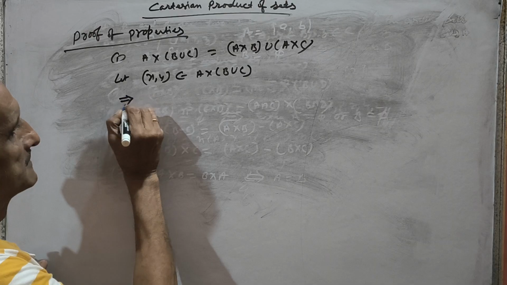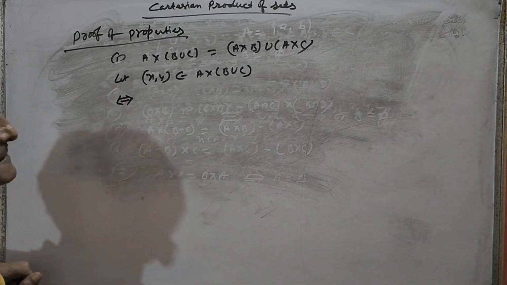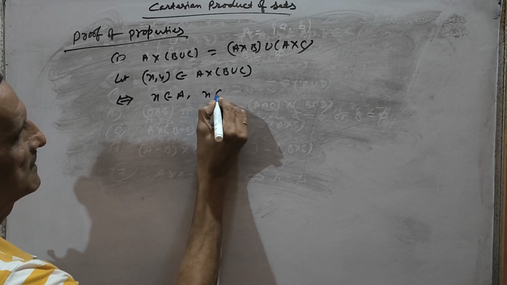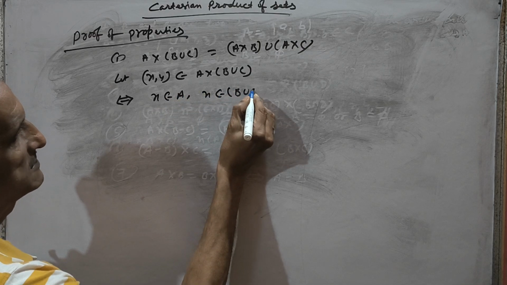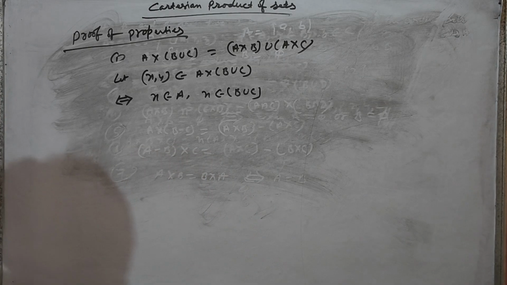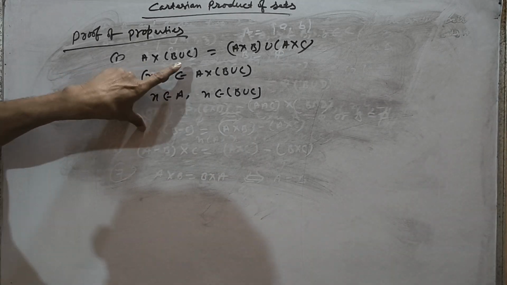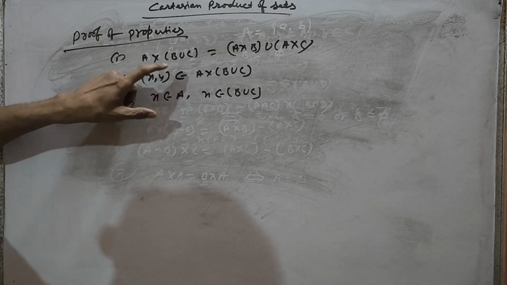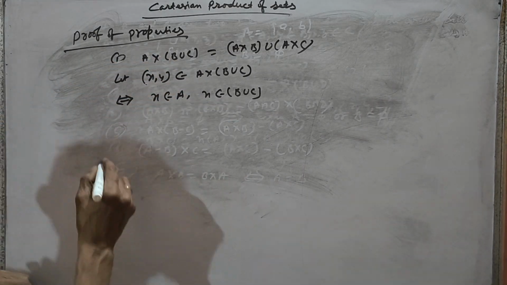Then write the meaning. See this shortcut method. x belongs to A, y belongs to B union C. See, this is A, suppose this is B, and the first component will be an element of the first set, the second component will be an element of the second set. So that's why I have written it.